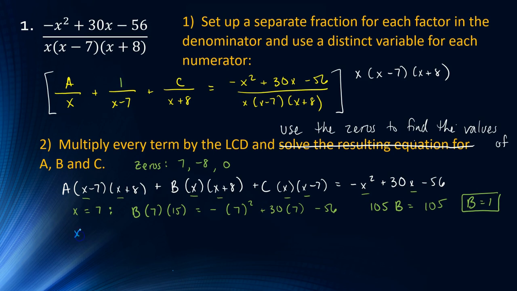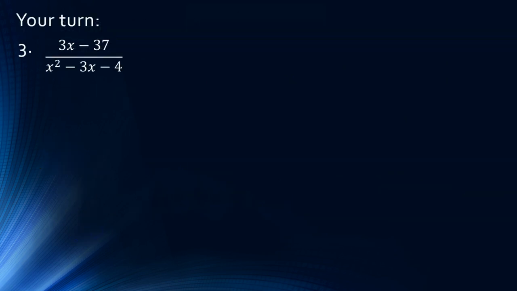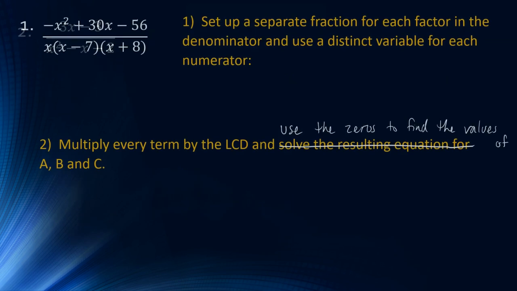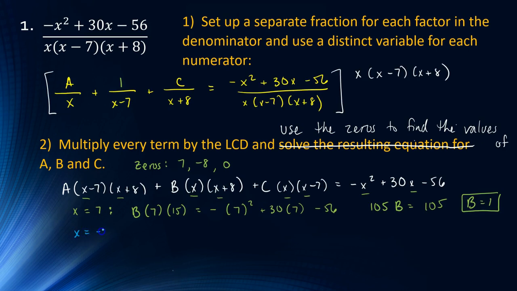So now let's use another zero. Let's use negative 8. So now when I put negative 8 in here, again, that's going to eliminate the a value, because if I put negative 8 here for x, negative 8 plus 8 is 0. So anything multiplied times 0 is just 0. So that eliminates the a's. If I put negative 8 in here, negative 8 plus 8 is also 0.